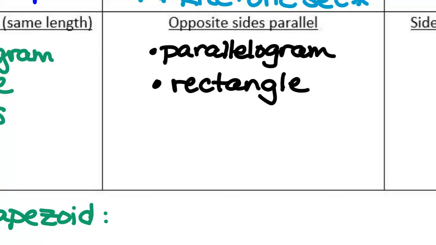Okay. What other shapes have opposite sides that are parallel? A rhombus. Any others? A square.